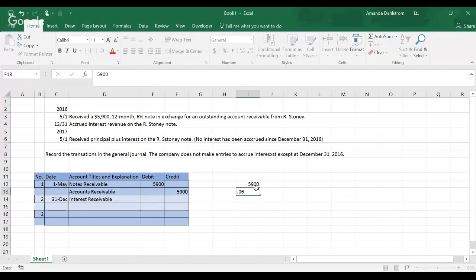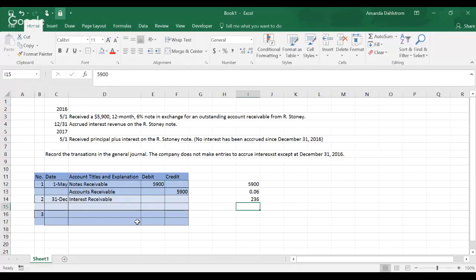We know it's a 6% interest rate. So in order to find how much interest is accrued between beginning of May and the end of December, we know that 8 of the 12 months have passed. So we're going to equal the amount of the note, and we're going to multiply it by the annual interest rate. And then we're going to multiply that by 8/12 because 8 of the 12 months have passed.